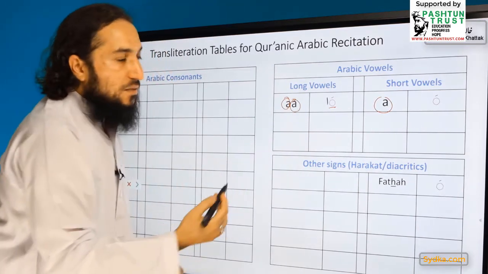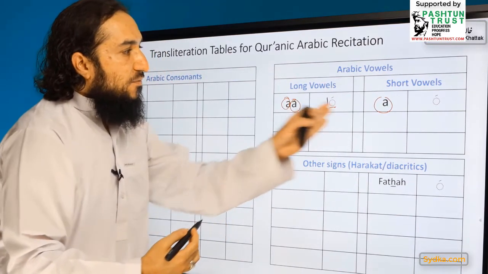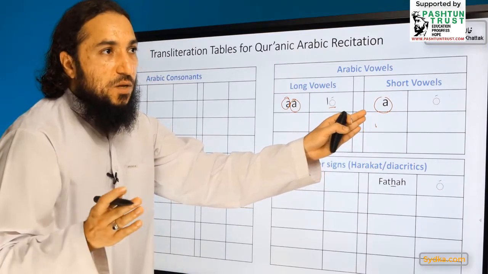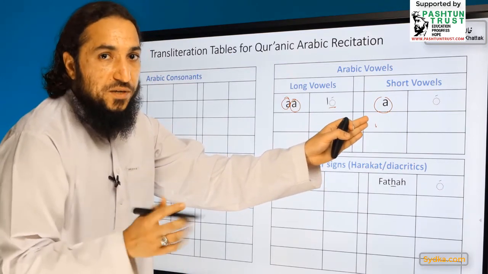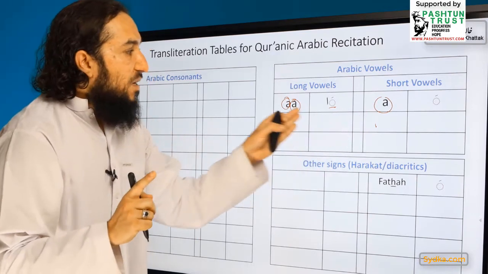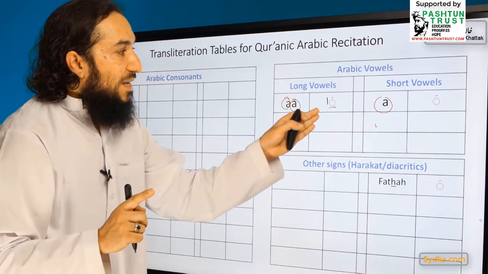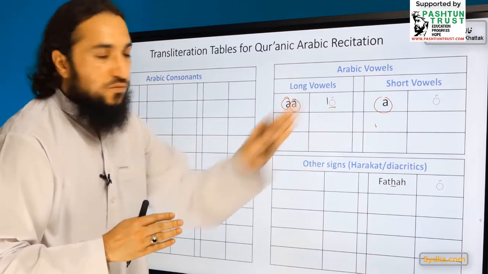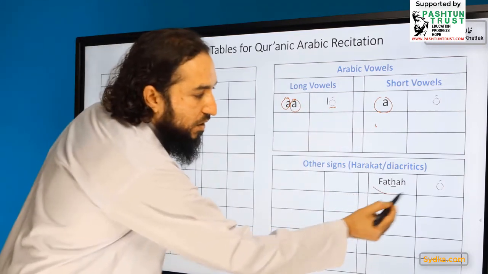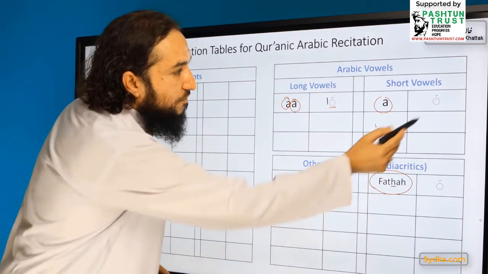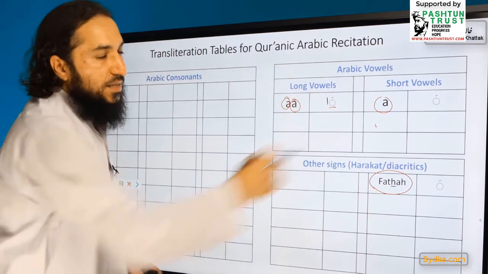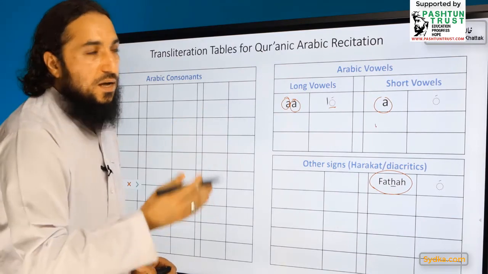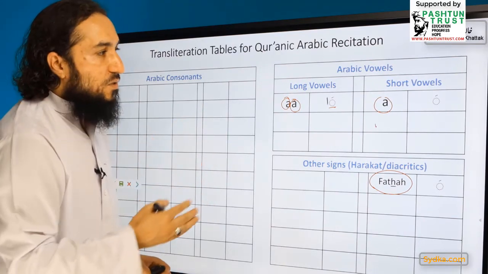If a letter has a short vowel, it is lengthened for one count. But if it is attached to a long vowel, it has to be twice the short vowel. Fatha is a single count, and alif as a long vowel has two counts.